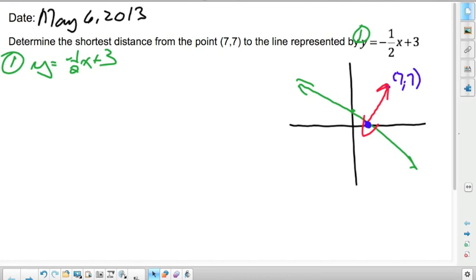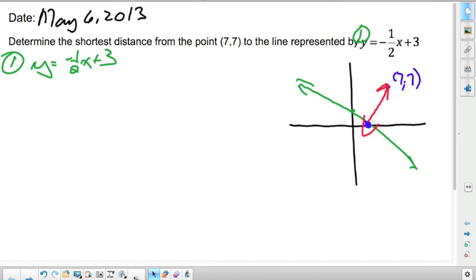What is that equation for slope? The green line, y equals negative 1/2 x plus 3. That's what we're given. How can we get the equation of that second line, the red line? That green line slope. Why are we looking for the negative reciprocal?